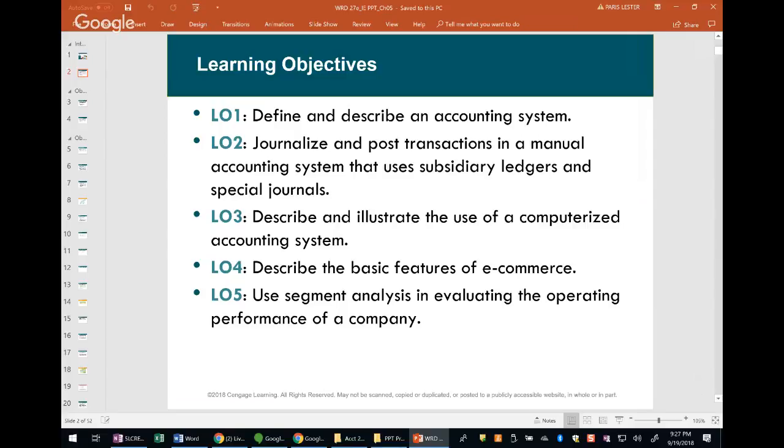But e-commerce is a big business, of course. Of course, they have to keep accounting records like any other type of business. But the basic features to you is turn on your computer, find the item, put it in your shopping cart and pay for it somehow through PayPal or a credit card or what have you.